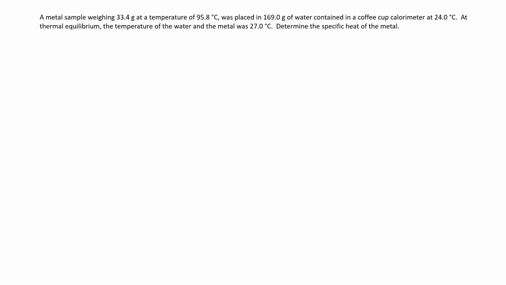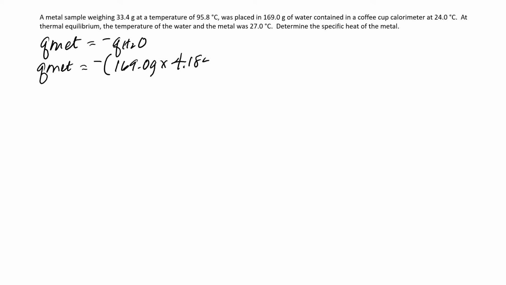So once again, the heat lost by the metal is going to equal the heat absorbed by the water. So Q of that metal equals negative Q of the water. And that's the first step in determining the specific heat of the metal. So Q of our metal equals negative the mass of the water, 169.0 grams, specific heat of water, 4.184 joules per gram degrees Celsius, delta T of water.